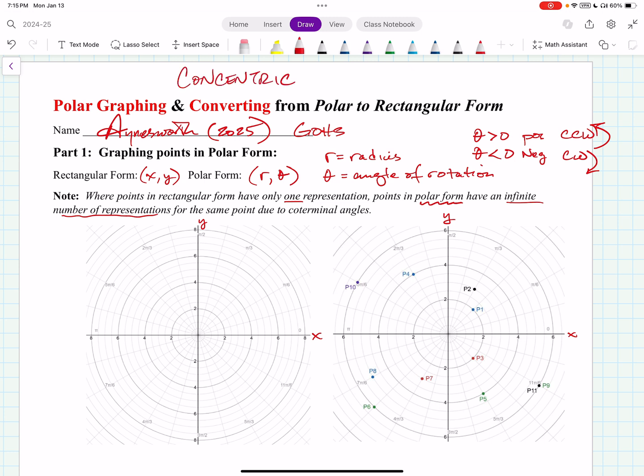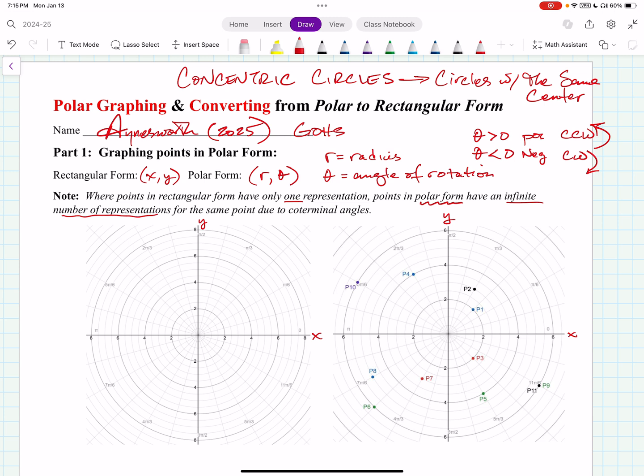If you don't know what concentric circles are, they're circles with the same center, as you can tell in the picture here. In either graph that you're looking at, all the circles have the same origin. Concentric: circles with the same center.